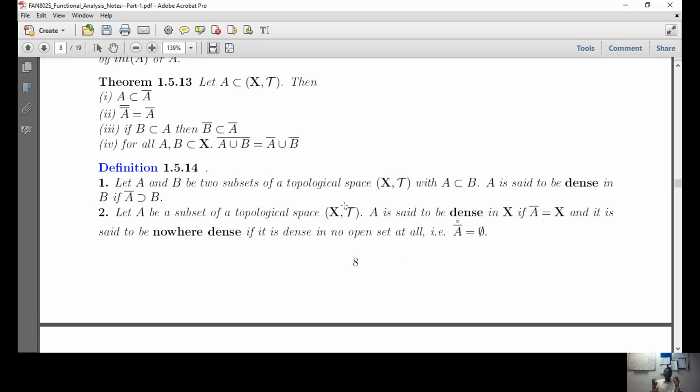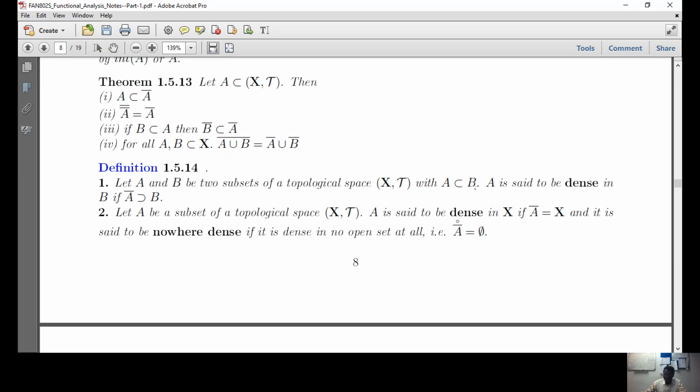But if A and B are both subsets of X, the underlying set, then you have inclusion. That is, density means that the closure of A contains B. Obviously, the closure of A will be equal to B if B itself is closed. This is correct. This is good to know.